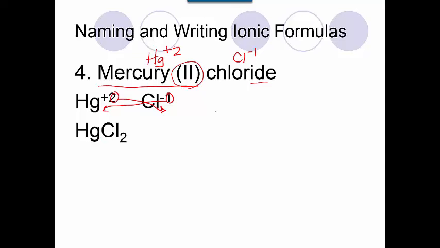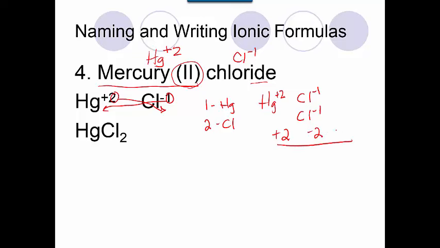This means that I have 1 Hg and I have 2 chlorines. So Hg is a +2, and I have 2 chlorines, so that's Cl and another Cl, and they're each a -1. So again, my +2 and -2 give me 0. This equals 0, so this is good. We want it to equal 0.